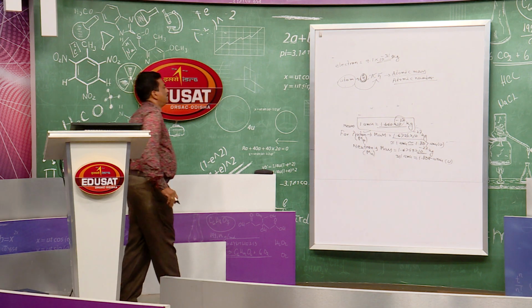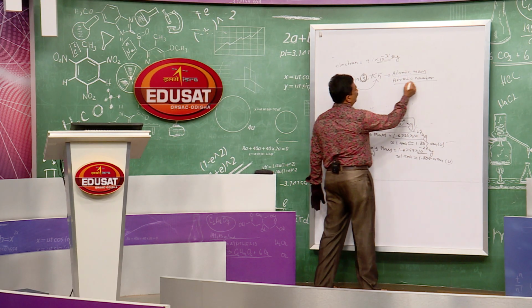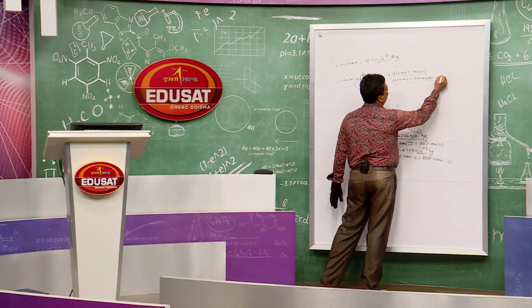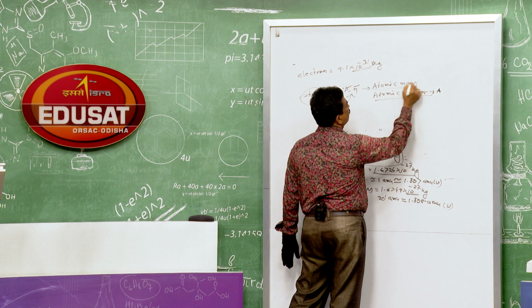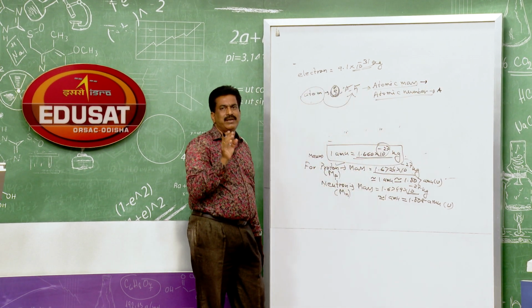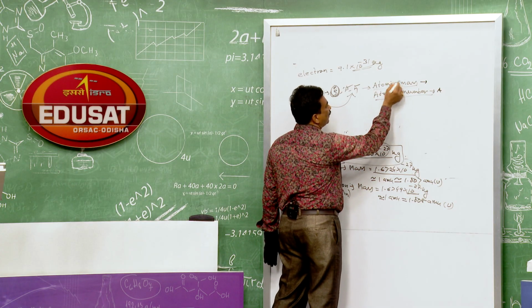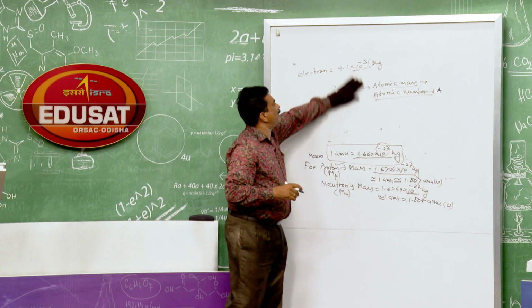As we know, atomic number is only a number. That we are writing as Z, and this is the atomic mass A, means the total mass which is contained in the nucleus. So what is the relation between the atomic number and the atomic mass?